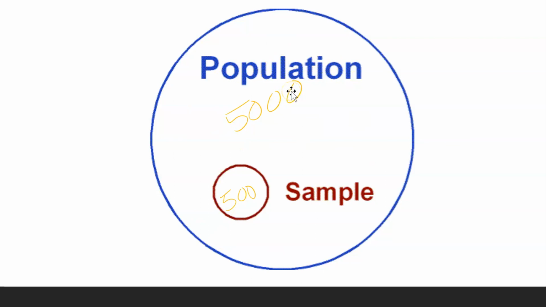But what I can do is find some people from the 5,000, perhaps 500, ask those 500 people how they studied for their board exam, and then publish my study that way. Those 500 people are my sample, and whatever they say, I will assume that the rest of the 5,000 people in my population would have also studied the same way.